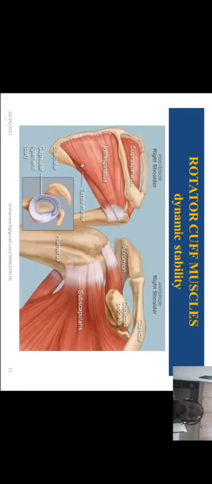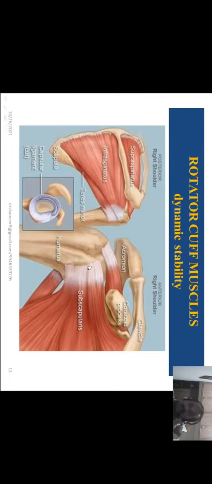So these are the posterior muscles, supraspinatus, infraspinatus, and teres minor, which together attach to the greater tuberosity. Coming to the anterior aspect, the largest rotator cuff muscle is the subscapularis. As the name indicates, it is inside the scapula, over the rib cage, and it attaches anteriorly to the lesser tuberosity.